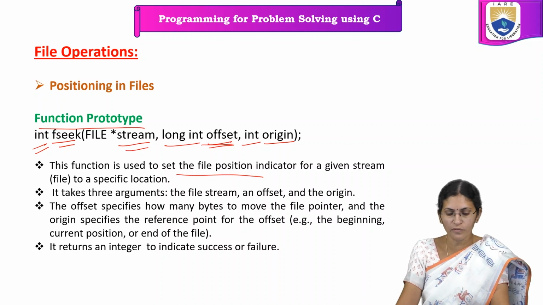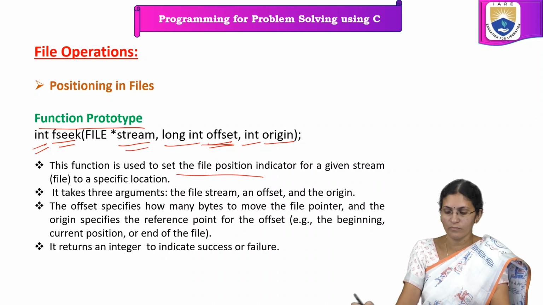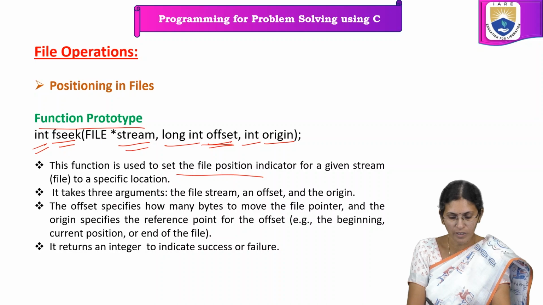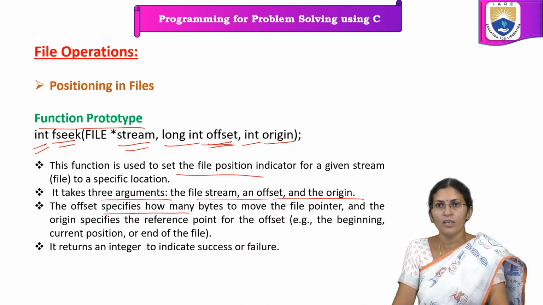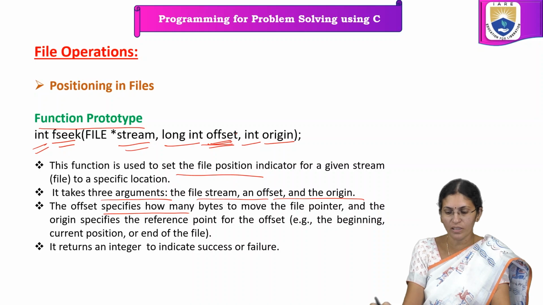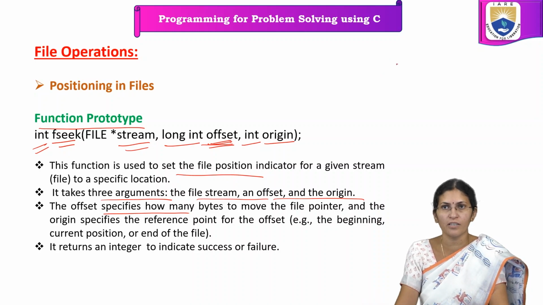With the help of this fseek function, we can move the file pointer to a particular position in the file. It takes three arguments: file stream, an offset and origin. Here offset specifies how many bytes the file pointer has to be moved.